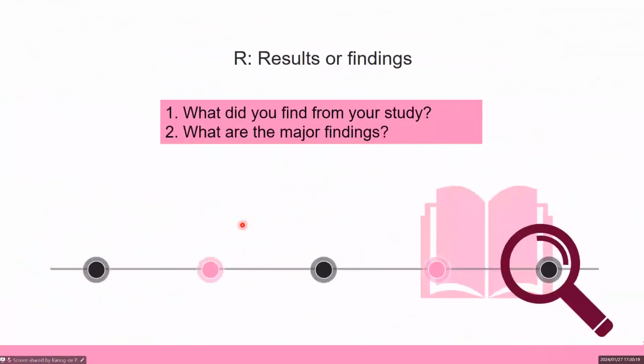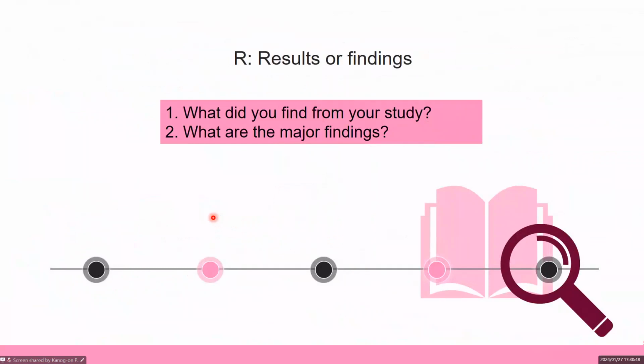Okay, the next part will be result and finding. Okay, so you tell what you found. The main important thing, right? So I would say in this part, if you found it, you need to mention something that is related to your questions.